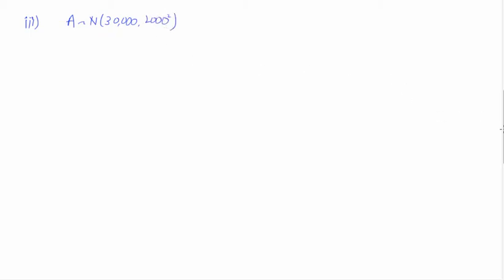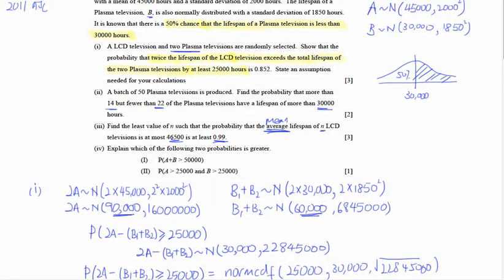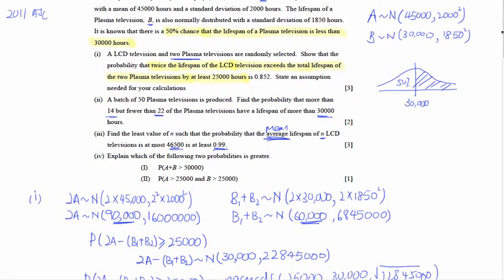Just double confirm that I don't screw up. Okay, 45,000. Yeah, I did screw up. Hold on, let me just change this number a little. So it's 45,000, not 30,000. Got it wrong there. Alright, so 45,000. Okay, there you go.